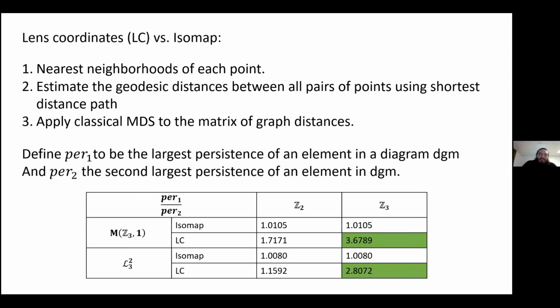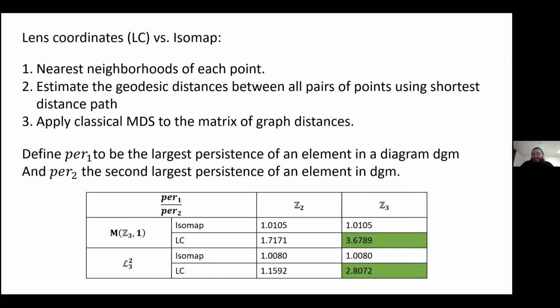So what do we have here? I take my space, I compute lens coordinates, I do dimensional reduction until L32, which is a four-dimensional space. And then I do the same thing for Isomap.